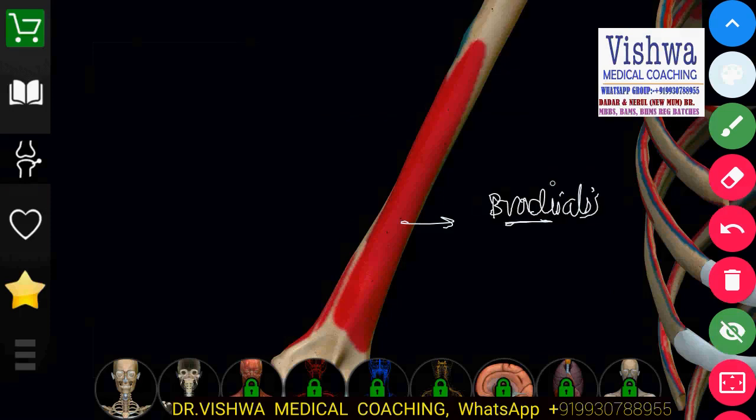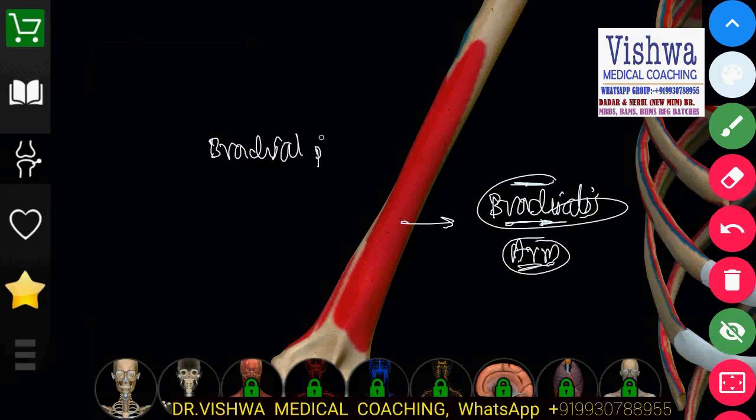So how will you remember that? Brachii stands for arm. Everything which is in relation to the arm is named after brachii. For example, we have a brachial plexus. To understand the terminology, we have brachialis muscle. We have a biceps brachii.